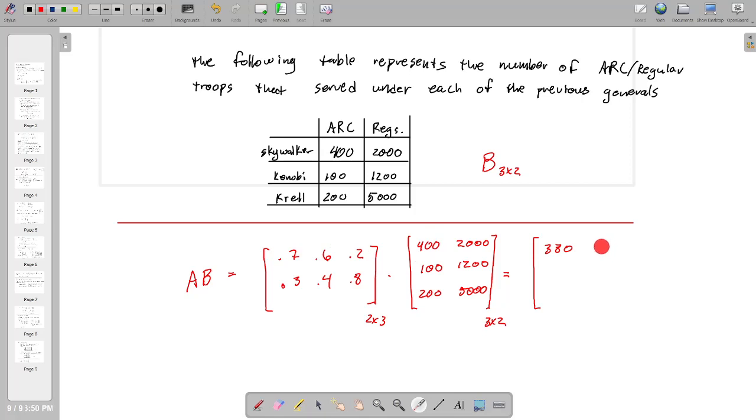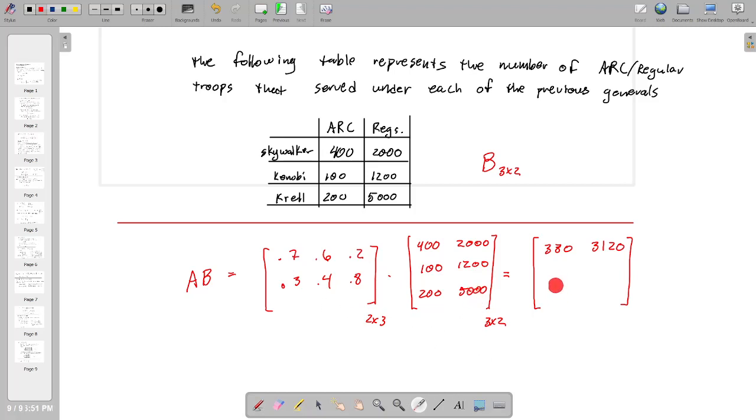We're going to do row 1, column 2 now. So we do first row times the second column. This would be survival rate times the regular troopers. And we end up with 3,120. That would be 0.7 times 2,000 plus 0.6 times 1,200 plus 0.2 times 5,000.